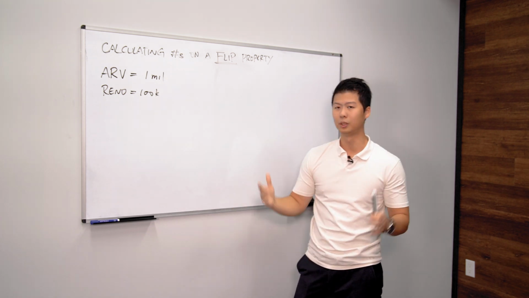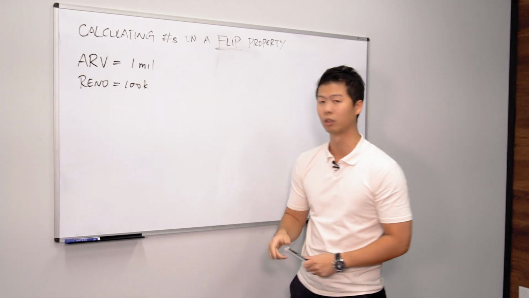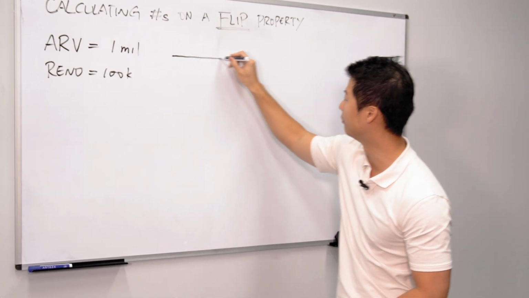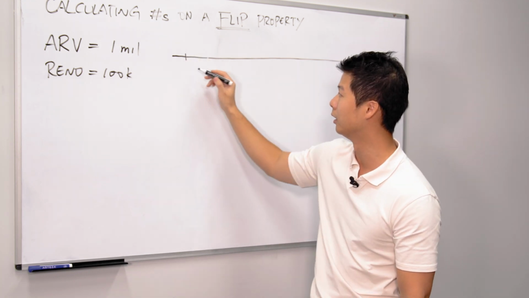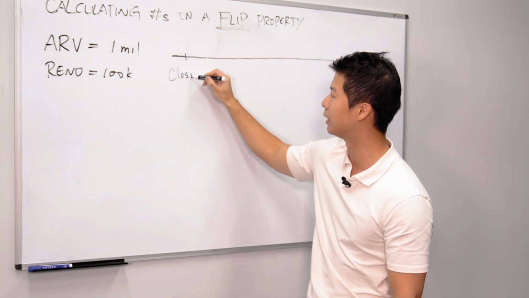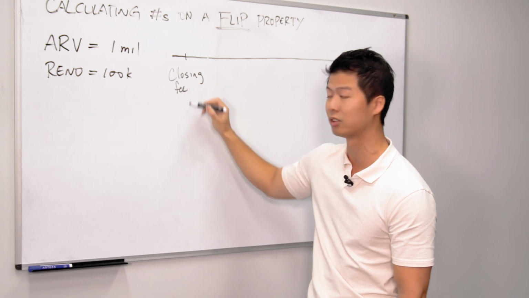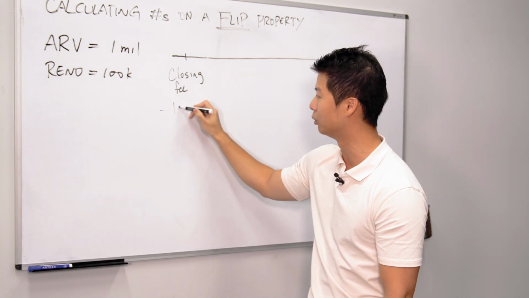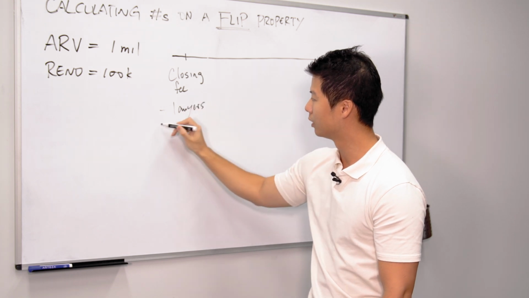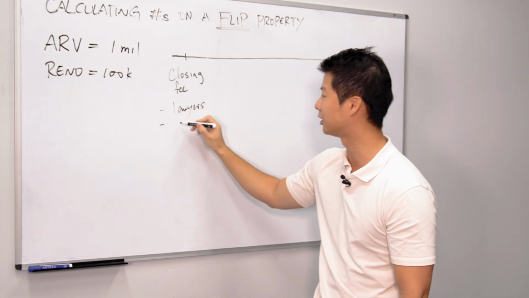Now, what is going to be the additional cost that you need to budget? So let's look at the timeline a little bit. From the very beginning, where you acquire this project, there's going to be a closing fee that a lot of investors actually forget to include. So closing fee includes your lawyer's fee and land transfer tax.